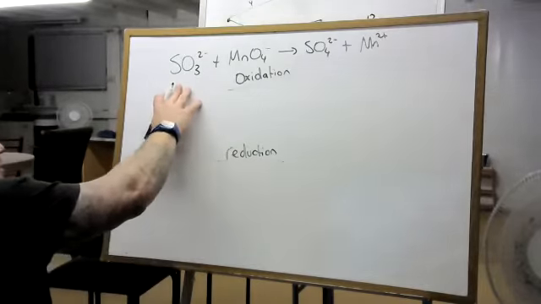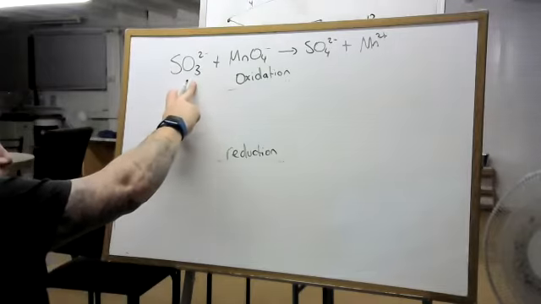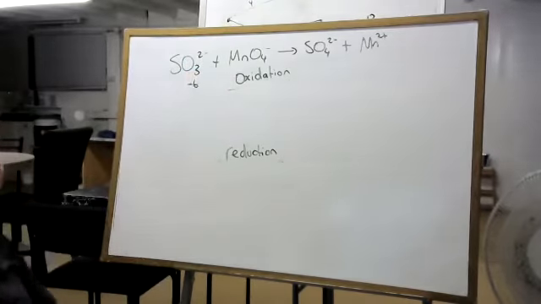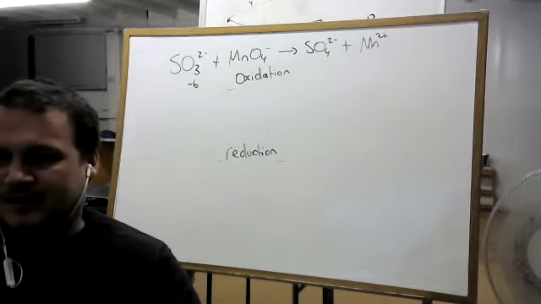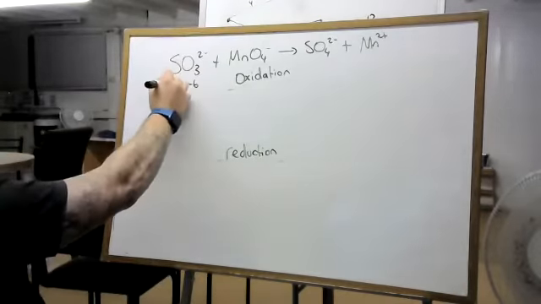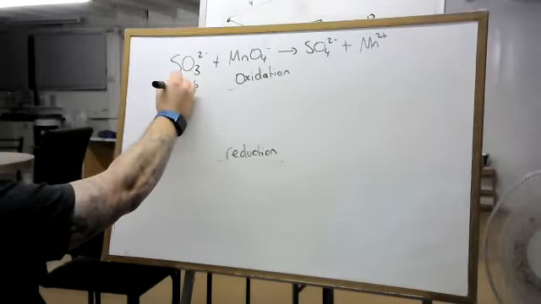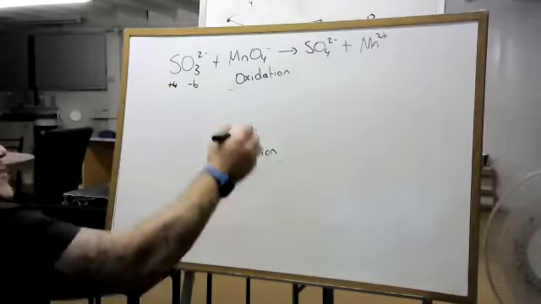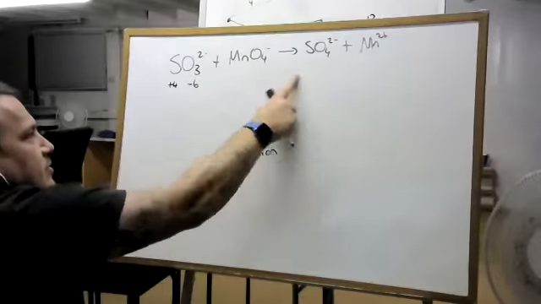Here, we calculate oxygen first. So there's 3 of them. So it's -6. We have a 2- charge, so sulfur would need to be +4.